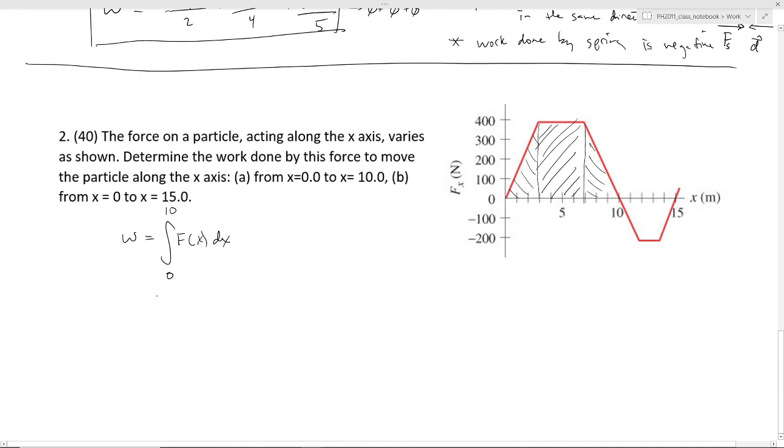So what would that look like? Well, this would be something like 3 times 400 times a factor of 1/2, because we're just talking about that triangle, plus 4 times 400, plus 3 times 400 times another factor of 1/2.